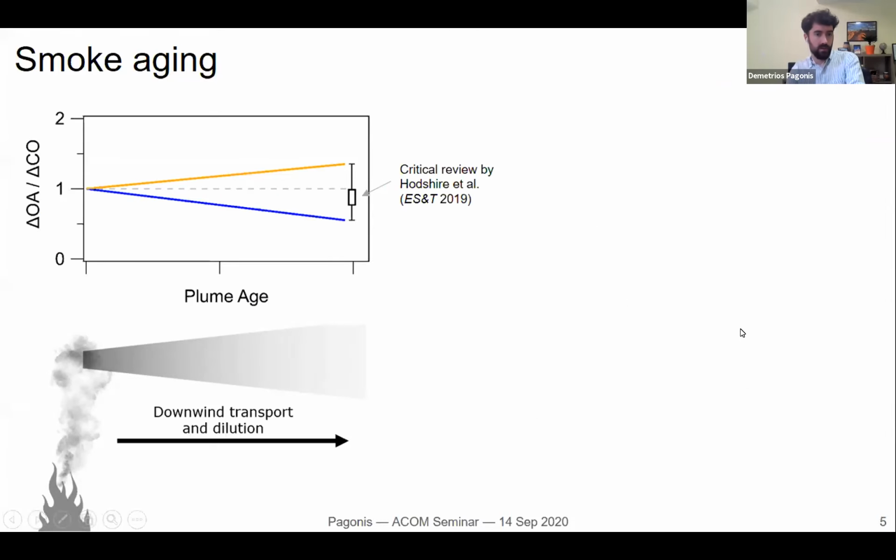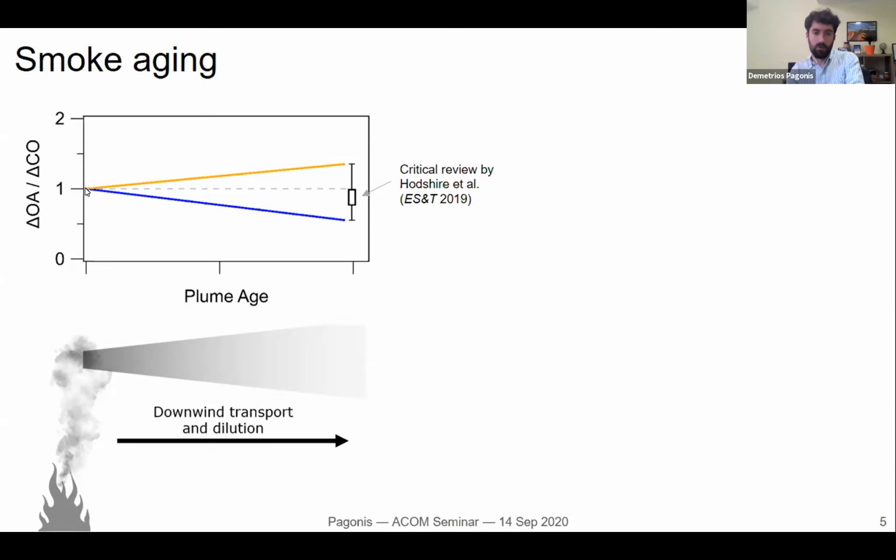Okay, and so as we talk about smoke aging, I'll refer a lot to these normalized excess mixing ratios of either total organic aerosol or components of OA divided by the excess mixing ratio of carbon monoxide. The way this often gets presented is you normalize that value to the value you get closest to the fire, so you just start from a reference value of 1.